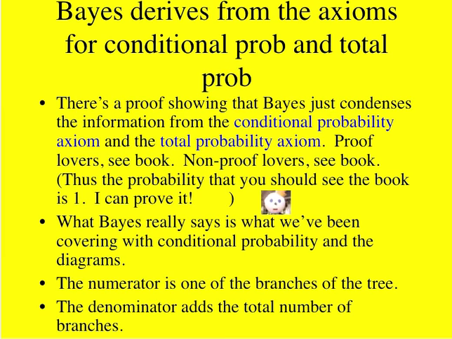What Bayes is saying is really just a more explicit way of thinking about conditional probability and the diagrams. So, as I said previously, the numerator is one branch of the tree. The denominator, the thing on the bottom you're dividing by, adds the total number of branches.